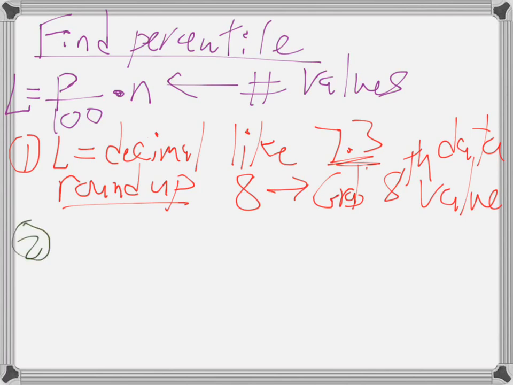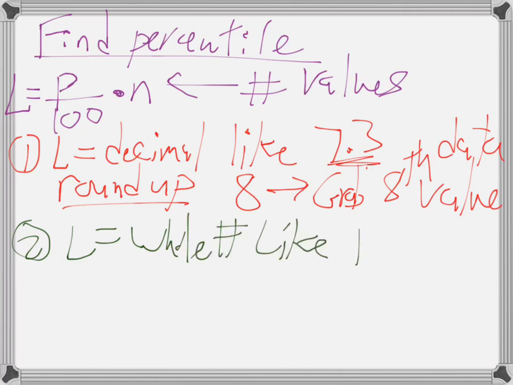Case 2, if L is a whole number. In other words, not a decimal, like 12 or whatever. If it just comes out clean, like 12, then you have to do something tricky.